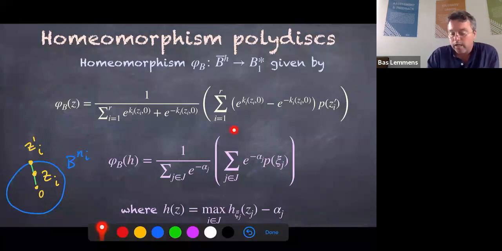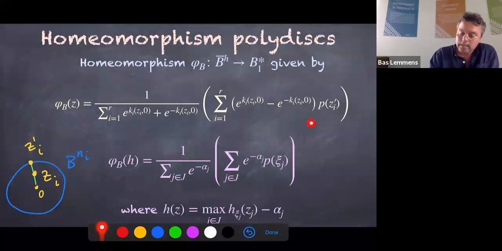Well, the sum over i of these vectors p zi prime times this constant, which is e to the power the Kobayashi distance in the ith ball between zi and 0, minus e to the minus the Kobayashi distance between zi and 0 in the ith ball.